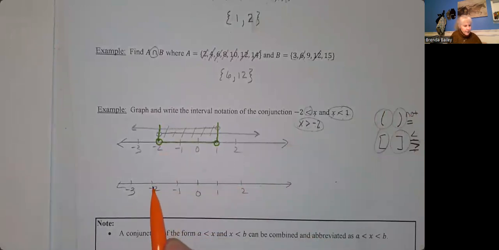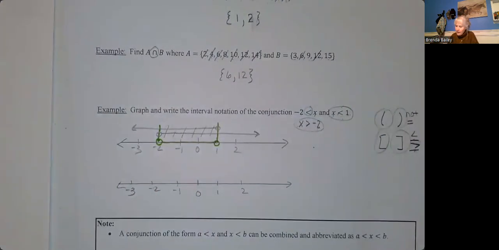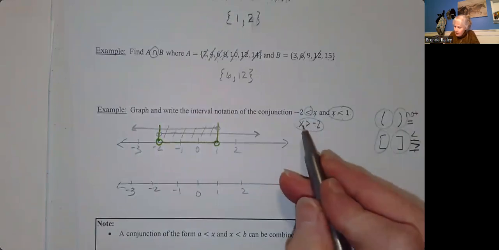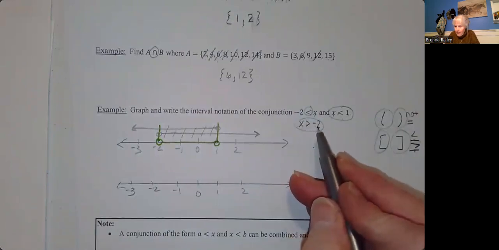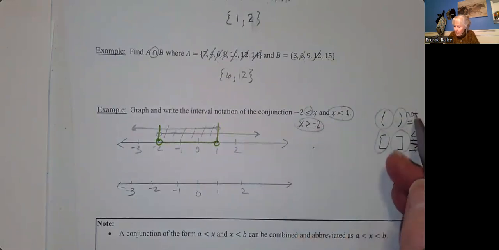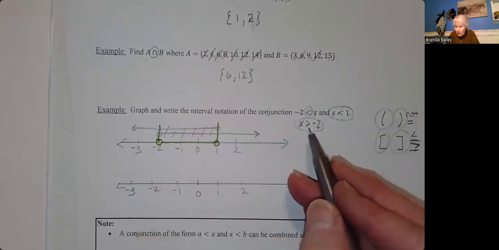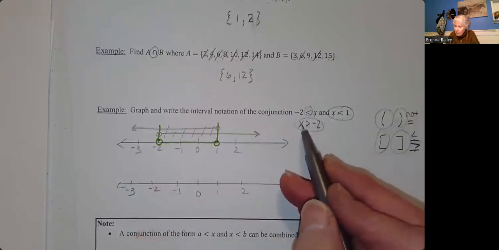So in looking at the -2, I'm going to choose a different color. Maybe I'll use this red one. In graphing this one here, you go to a -2. Now you're going to use a parentheses because you don't have the not equal. You don't have that bar underneath. And which way is it going to go? Well, you want x's that are bigger.